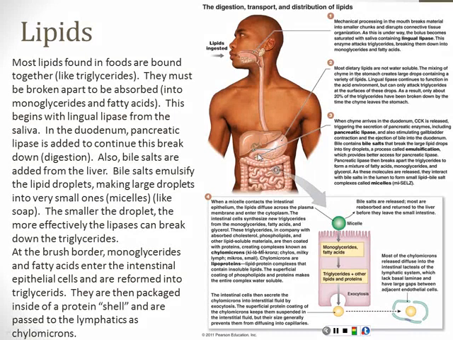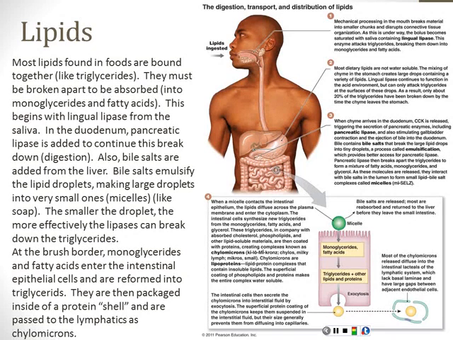The other important piece that happens in the duodenum is the pancreas adds its lipase, pancreatic lipase. A lipase breaks down fats, lipids. ASE means to break. So like an amylase breaks down amylose, which is a starch. A lipase breaks down lipids.